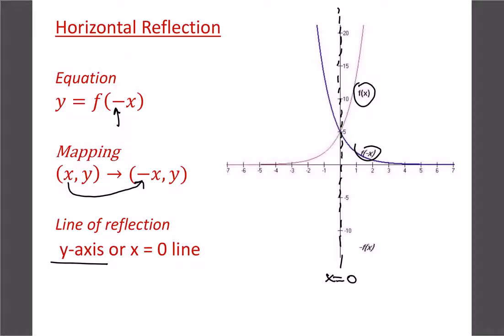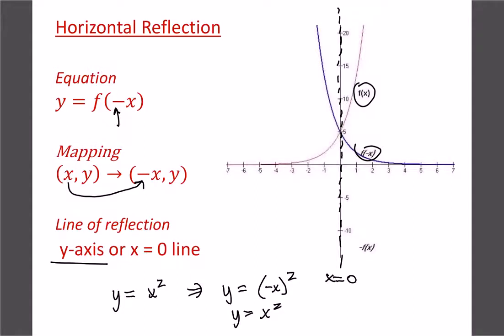If I gave you an equation, let's suppose we have the regular quadratic y equals x squared. If we do a horizontal reflection, we would just put a negative where the x is. Mathematically, that equation would stay exactly the same, which makes sense.